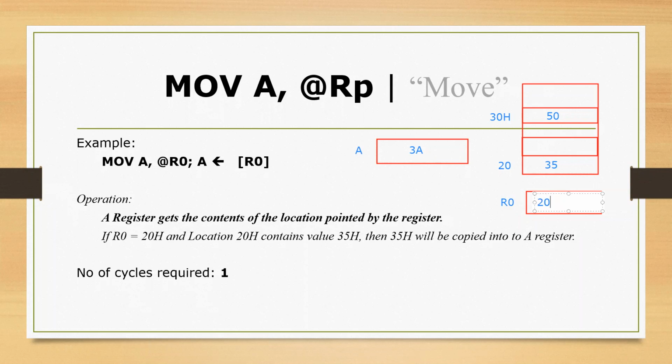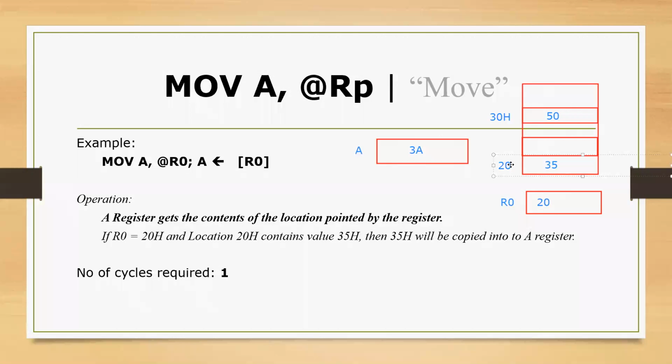So here in this example, you can see that MOV A, @R0. So the A register will get the value that is pointed by the register R0. R0 contains the value 20, so it is pointing to the memory location 20 hex.